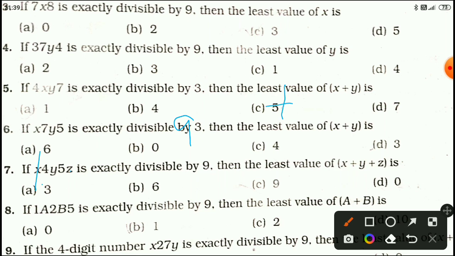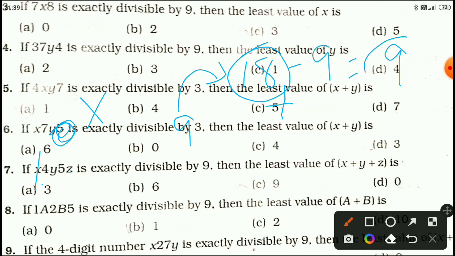If I add 0, then 0 will not be considered, and the next multiple is 18. So 18 is divisible by 9. We have to add 9, so 9 is the correct answer, which is option number C.